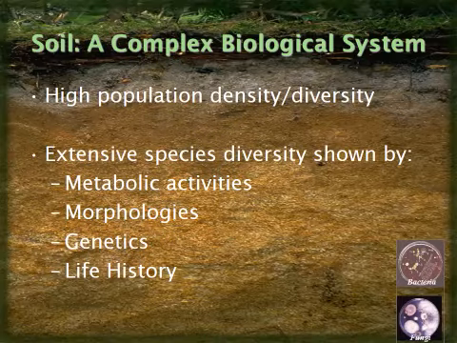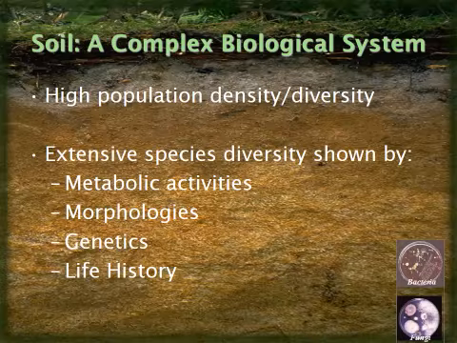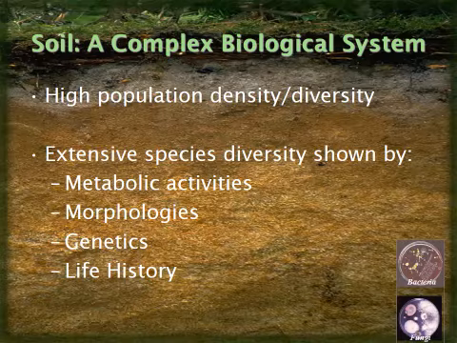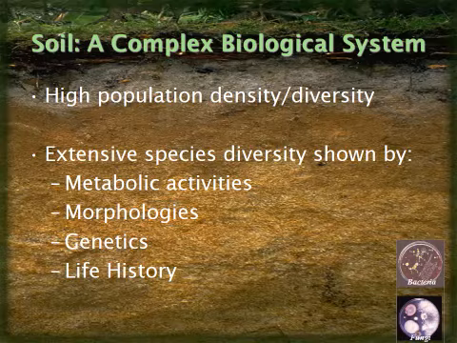There's also an extensive diversity, especially in species, shown by different things. Okay, what do their metabolic activities tell us about the different organisms that are in the soil? This means, how do they get their energy? How do they use their energy? What are the products of their energy? Those are the metabolic activities. What are their morphologies?